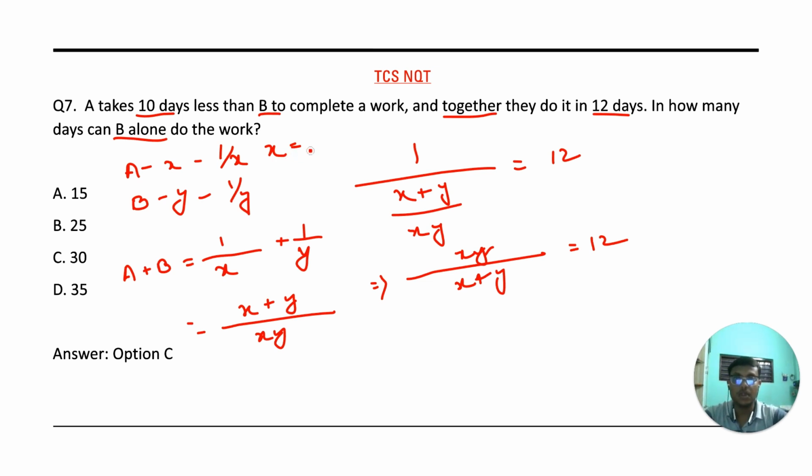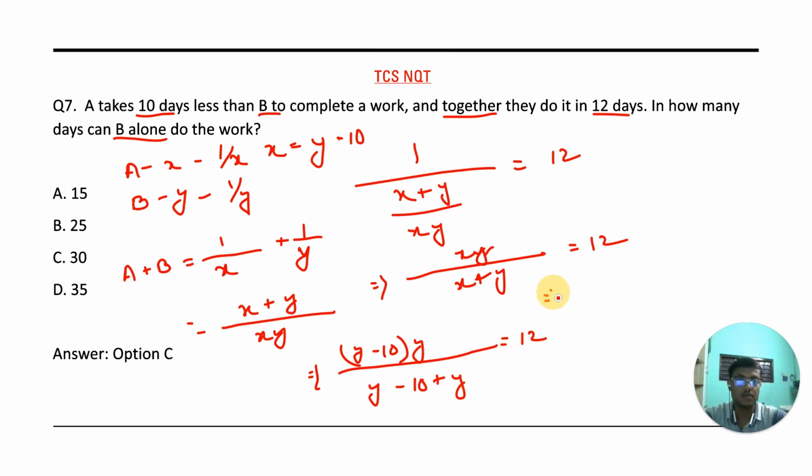So X would be equal to B's work minus 10, which is Y minus 10. So we can equate it like (Y minus 10) into Y by (Y minus 10 plus Y) equal to 12.